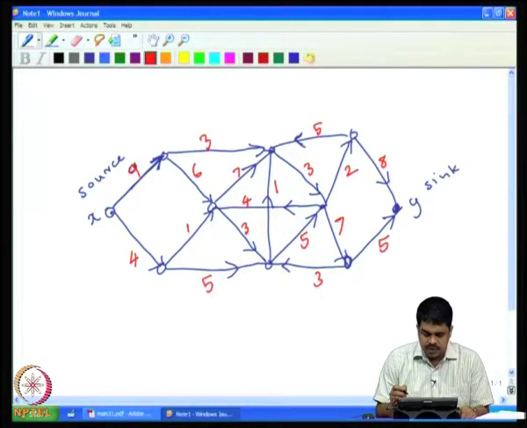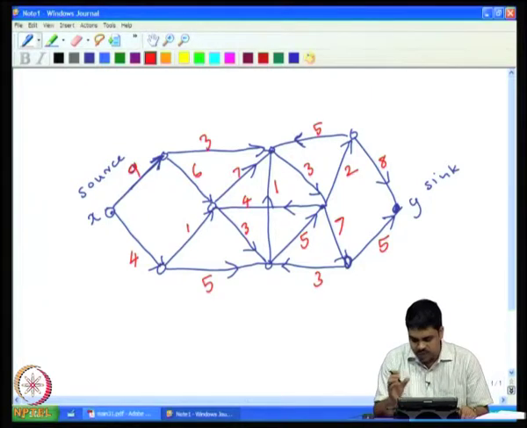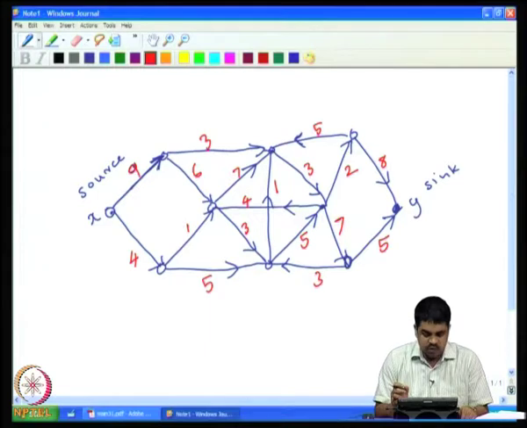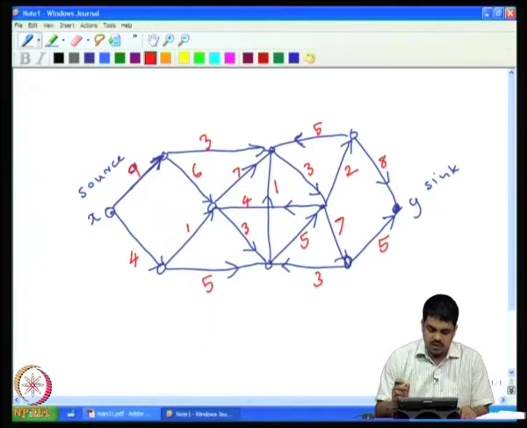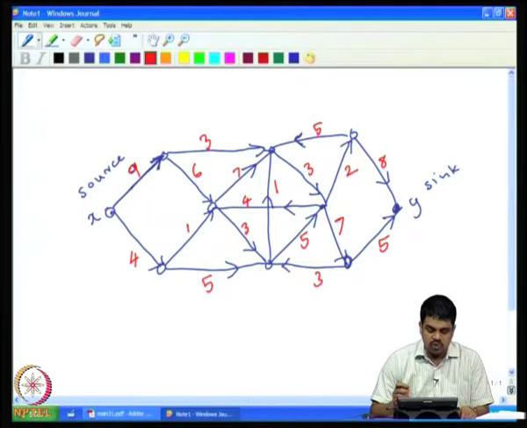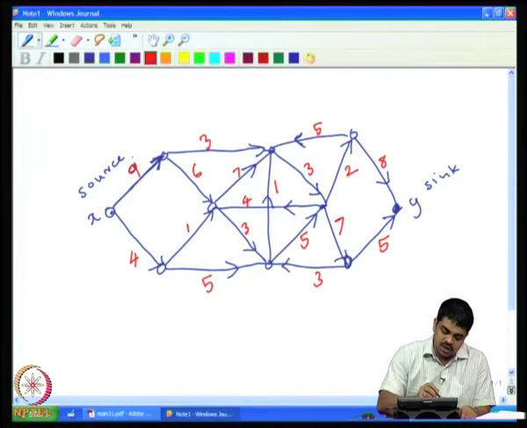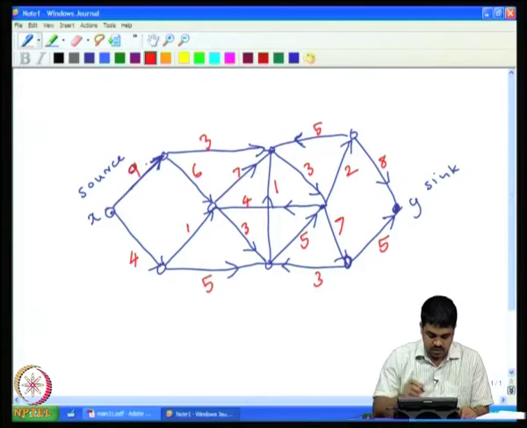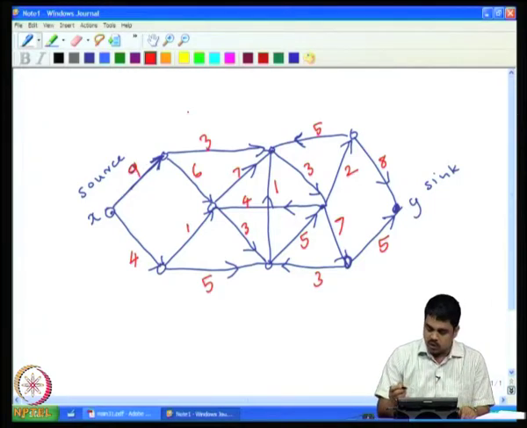And that is the meaning of the capacity. For instance, it is the capacity of that particular route along which the commodity should be transported. Not more than say 9 units can be transported in unit time along that edge.